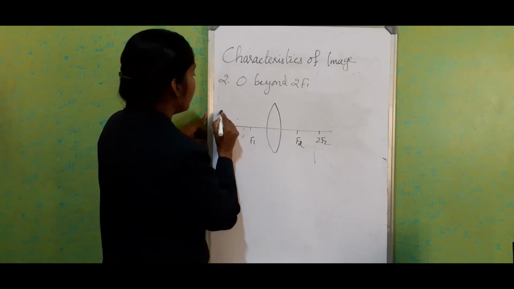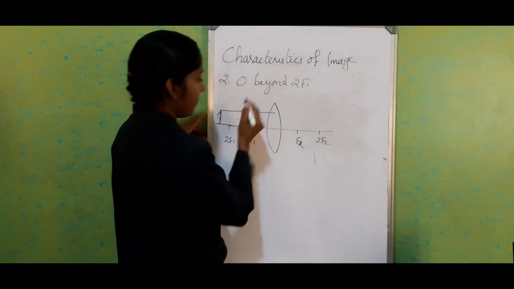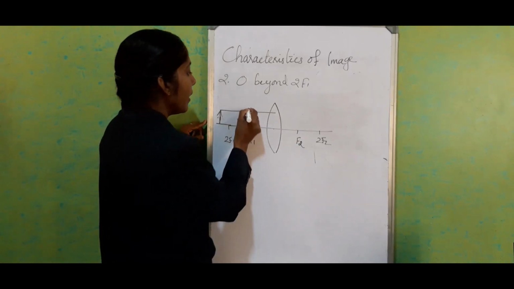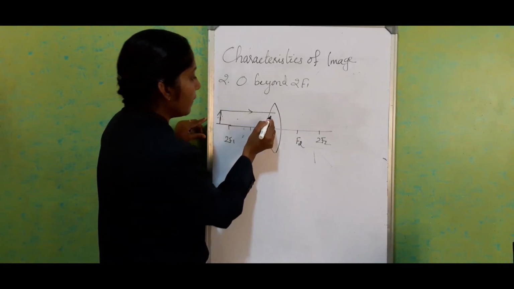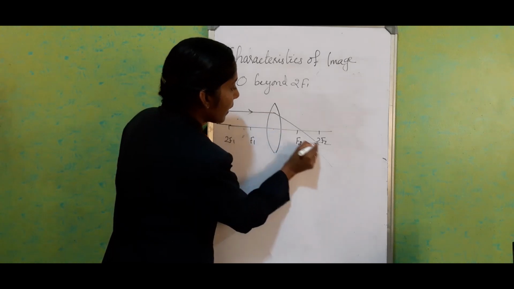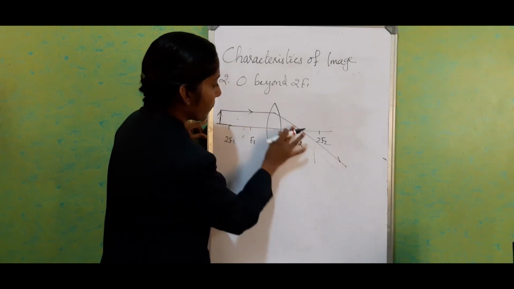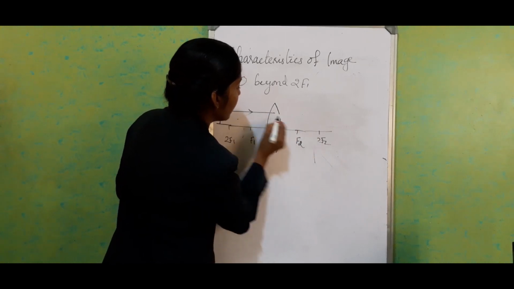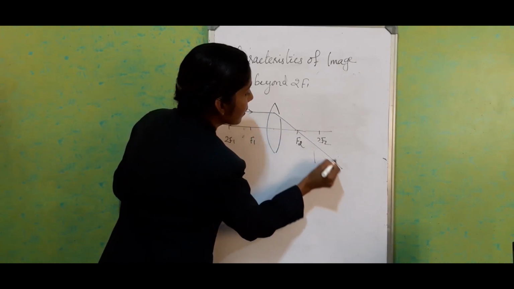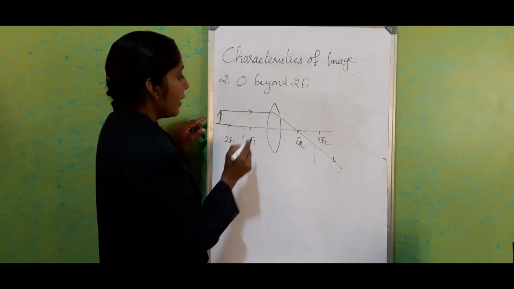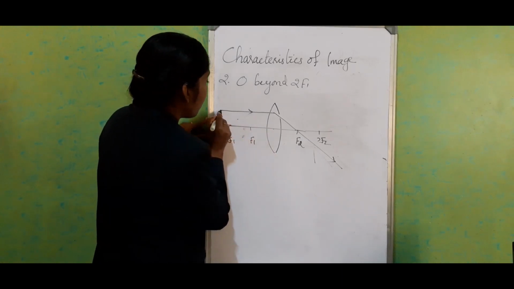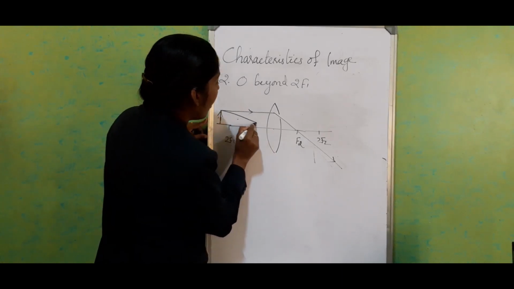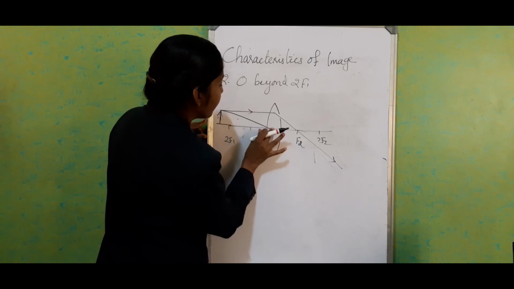First ray passes parallel to the principal axis. After the refraction, it has to pass through the principal focus. Another ray passes through the optic center.